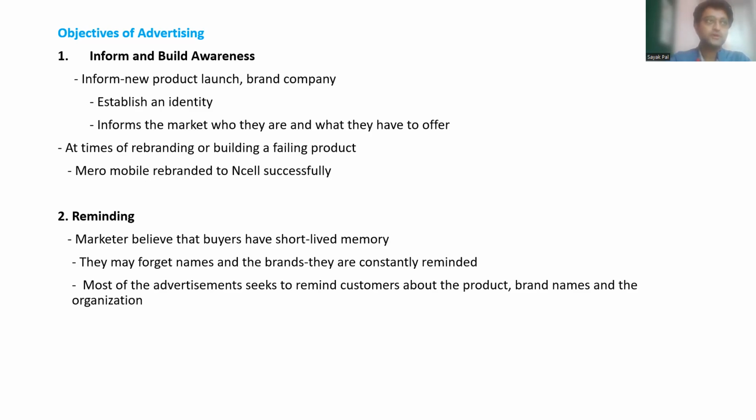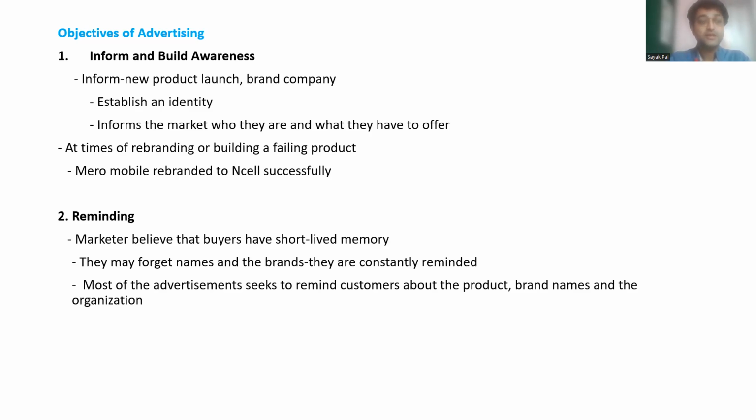Information can be of various kinds. It can be an announcement of a new brand or product or services. It can be something related to health communication, something related to some government policies, regulations, or healthcare policies or education policies.